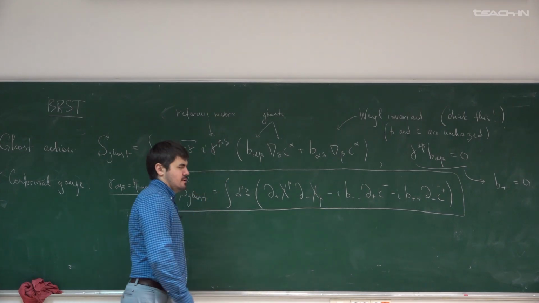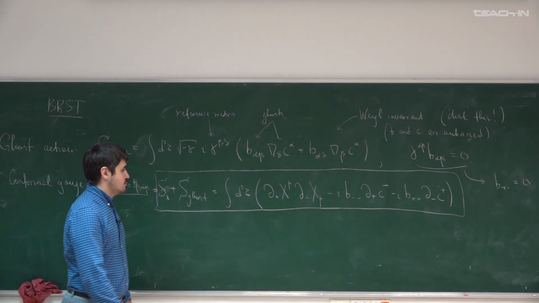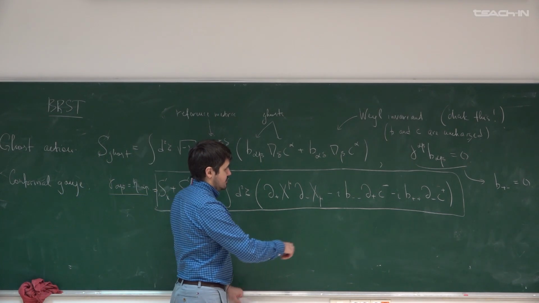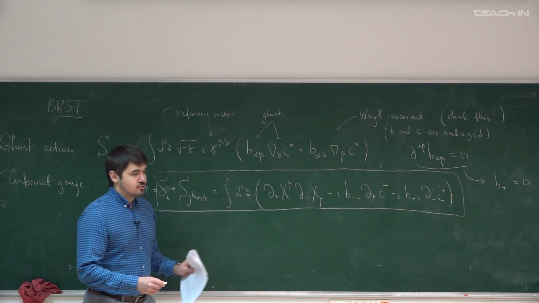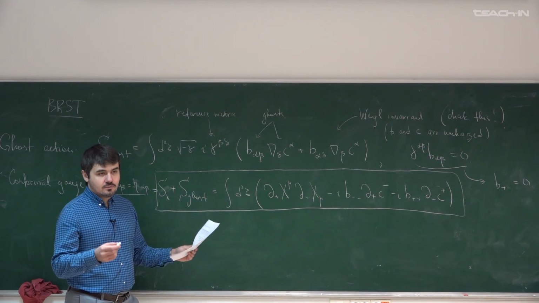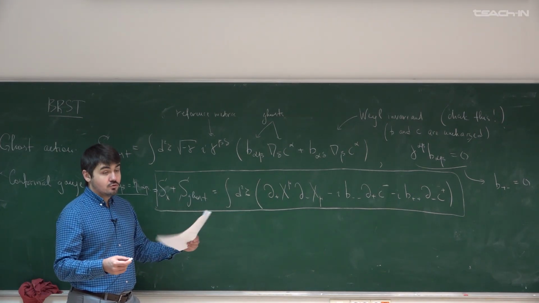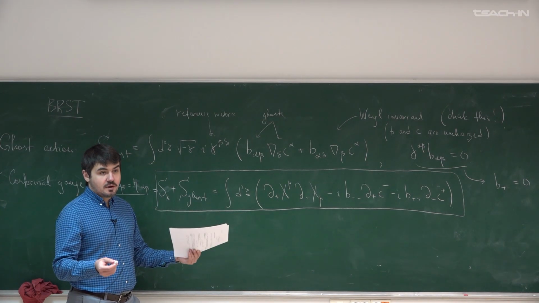Last lecture, I don't remember exactly when we started that, we were discussing BRST transformations in usual finite dimensional integrals, where we're integrating over the quotient space. So there's some group acting on a manifold.